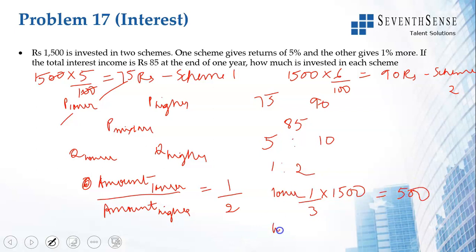And in the higher scheme, I'll have 2/3 into 1500, which is 1000 rupees. So if I invest 500 in the lower scheme of 5% and 1000 in the higher scheme of 6%, I will get 85 rupees at the end of the year. Here you see a simple interest problem being solved in the Mixtures and Alligations method.